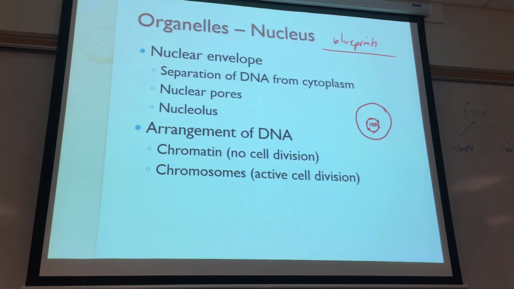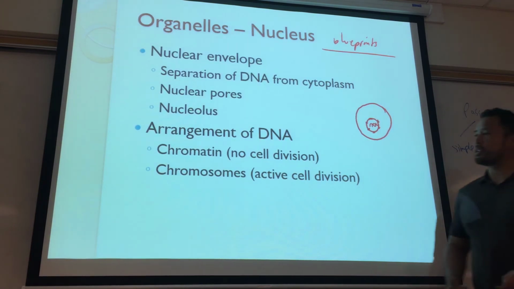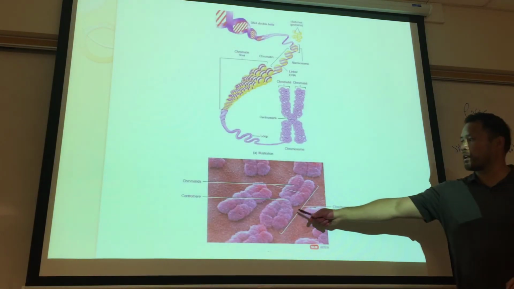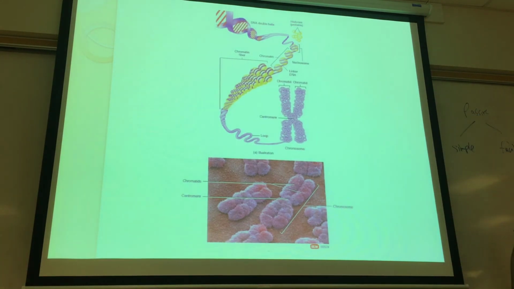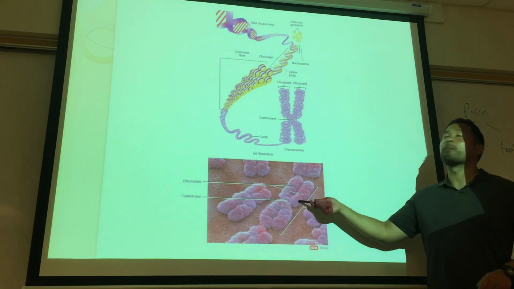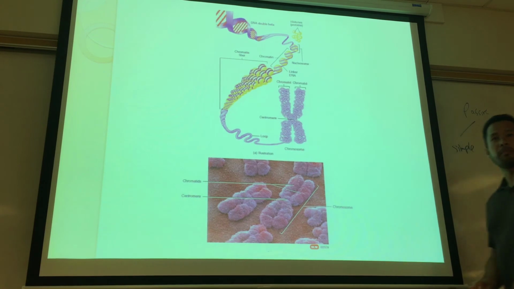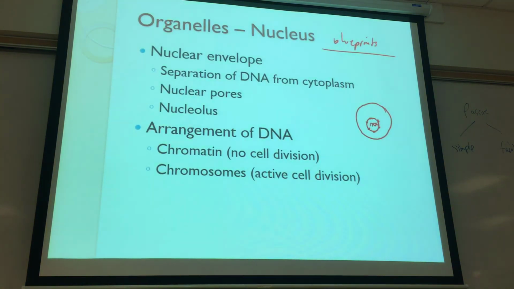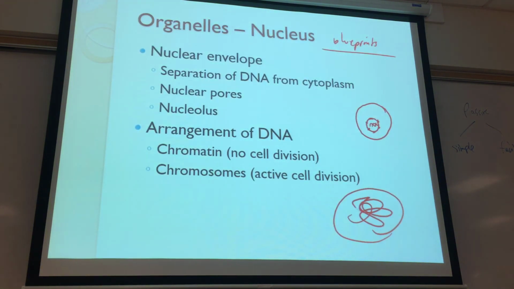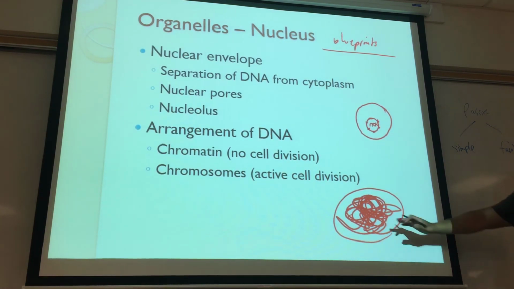What most of you have seen DNA looking like is this, right? But this is not DNA in its natural form. In its natural form, it's formed as chromatin. If you were to look at the DNA itself, it would look like a jumbled mess. Actually, it's not really a mess. There's an inherent structure.